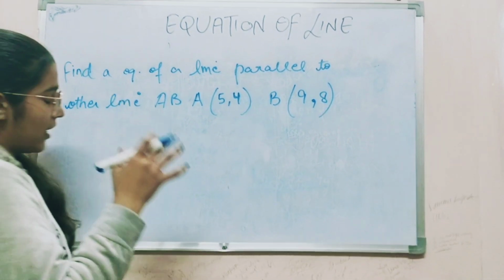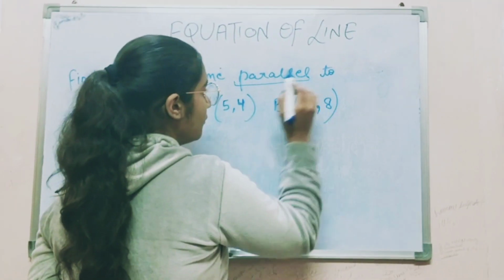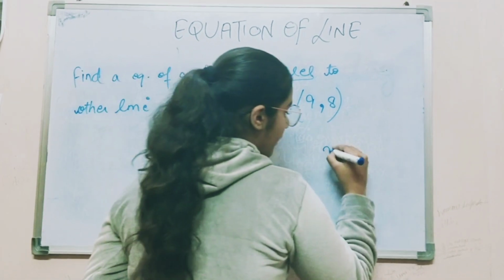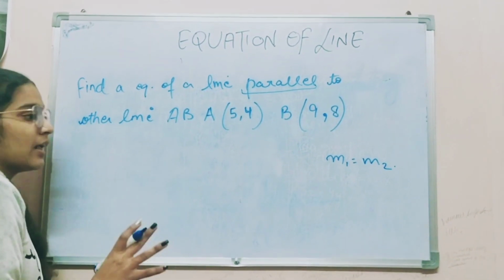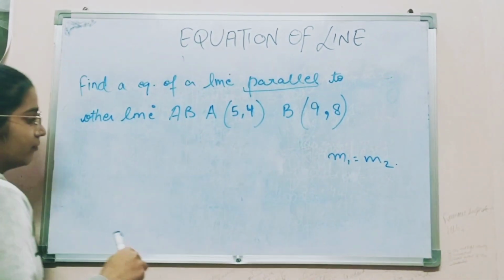So here we can see the word parallel. So it strikes our mind that m1 equals to m2, means the slopes are equal.